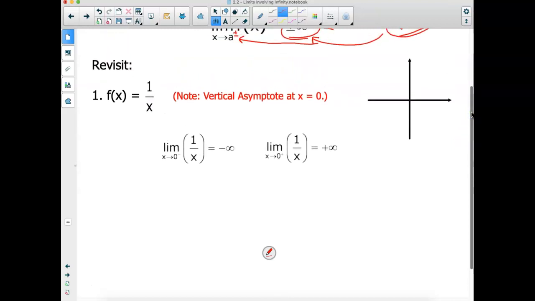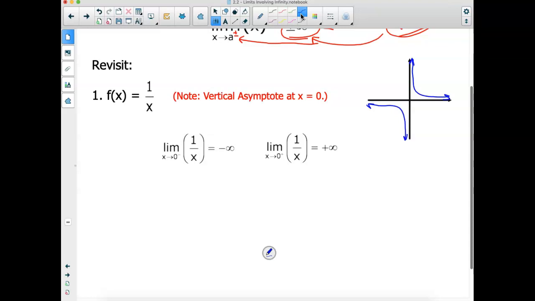Now, this is stuff you need to be able to see without a picture, and you need to remember these parent functions. This is the mother of all rational functions. This is going to come in here, come in here, like so. That is exactly what that little bugger looks like, and we're going to revisit this.